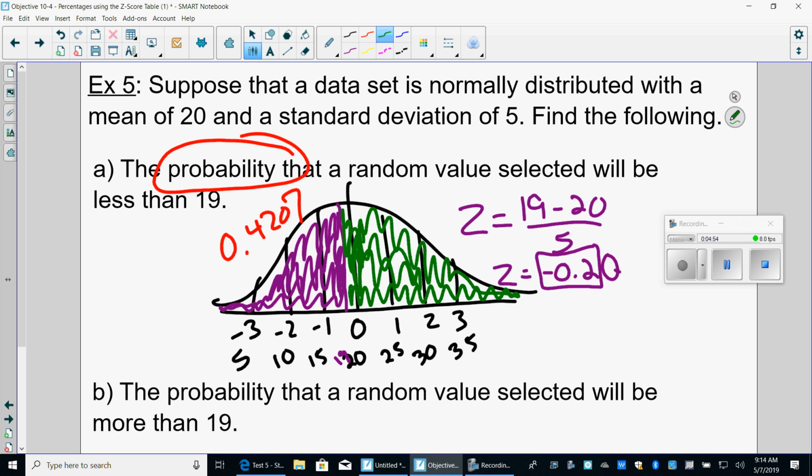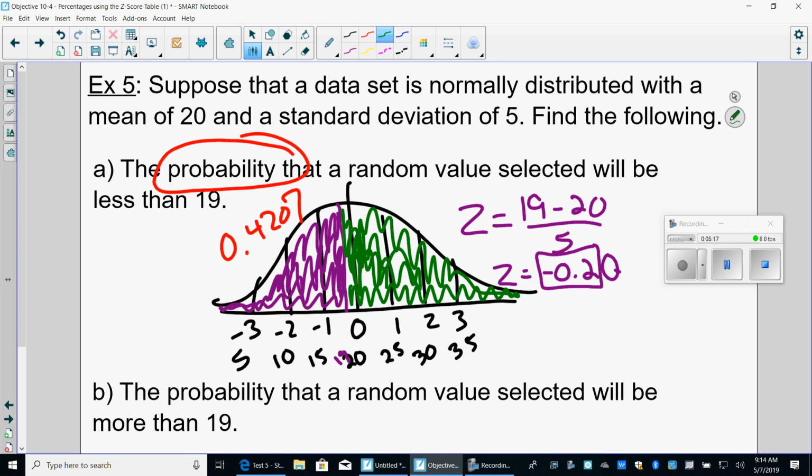We know it's 42.07% less than. How can I figure out what's on the right side? 100 minus 42.07. Okay, so let me tell you this.